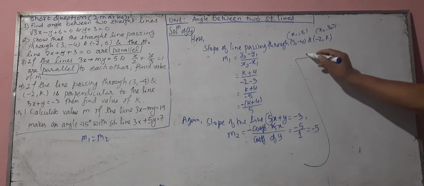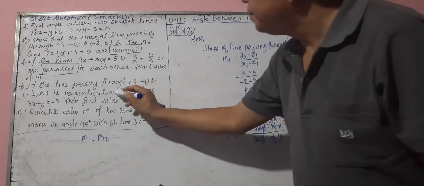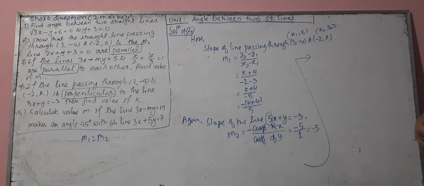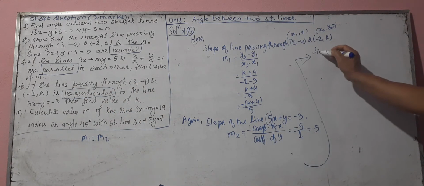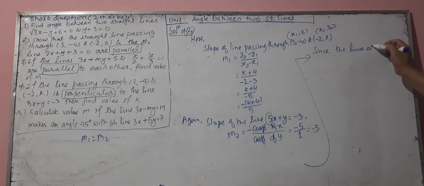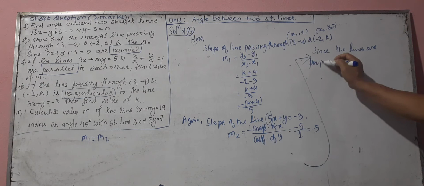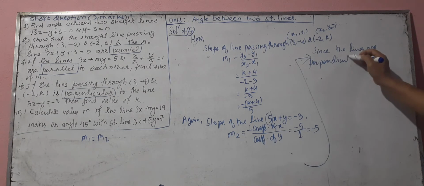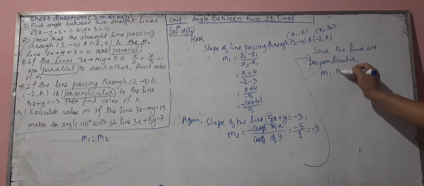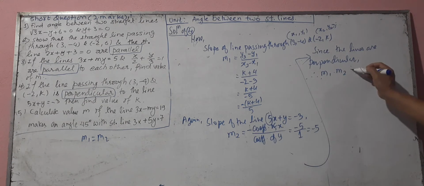So again, look at the conditions. The two lines are perpendicular. So since the lines are perpendicular, therefore the product of the two slopes is equal to -1.